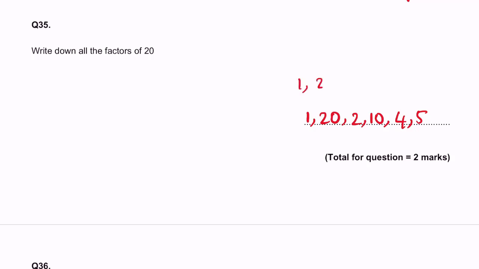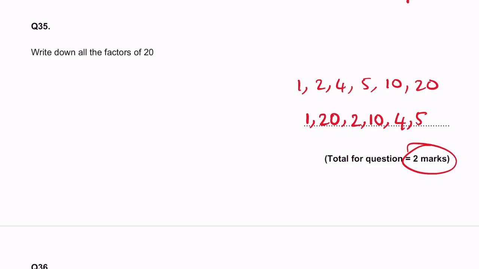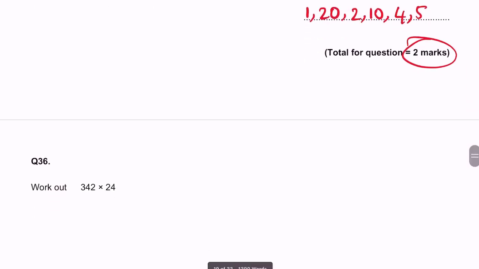So 1, 2, 4, 5, 10, 20. That's the answer, 2 marks. With this sort of question, if you write down 3 factors, according to the mark scheme, we can see there's 1 mark for 3 correct and 2 marks for all correct.